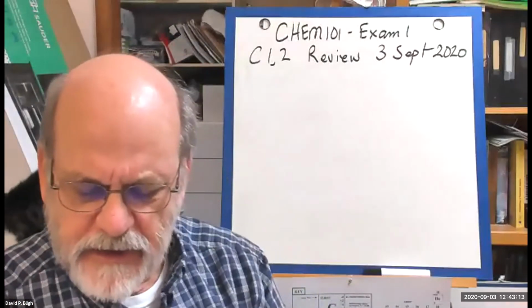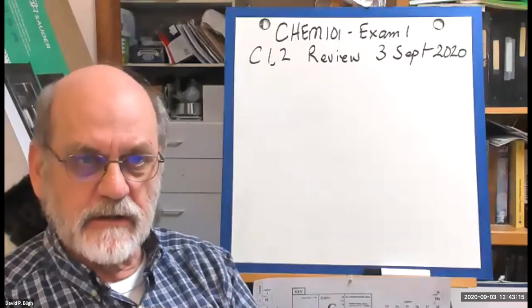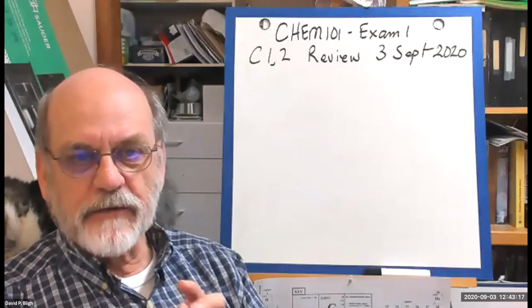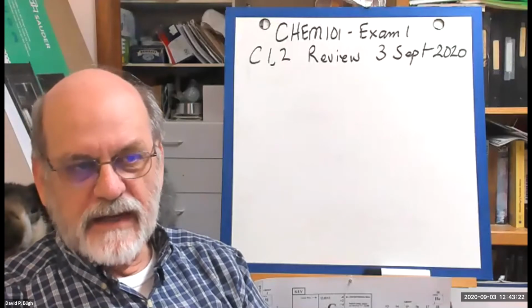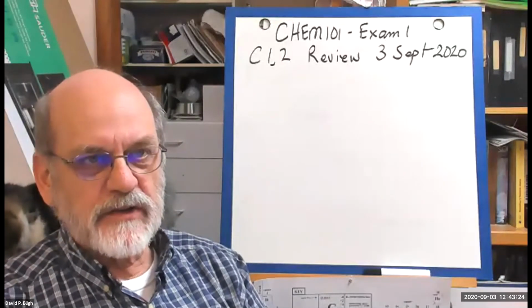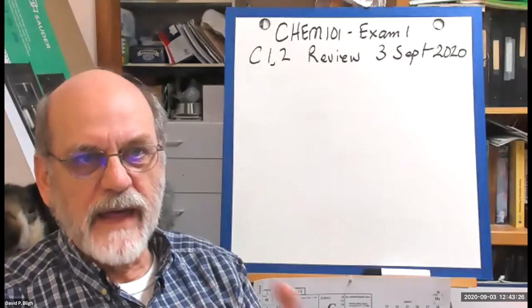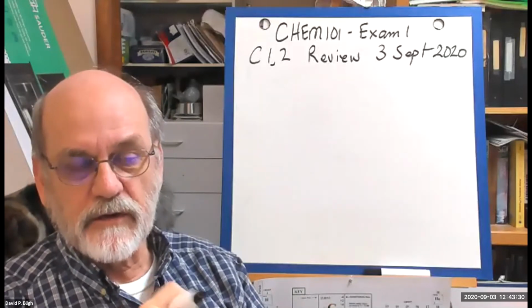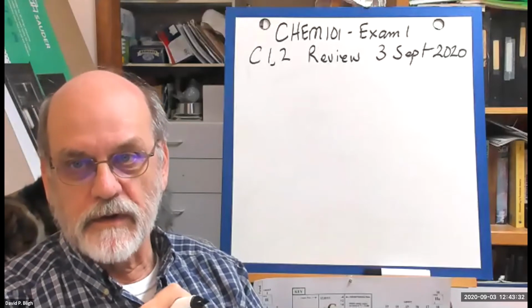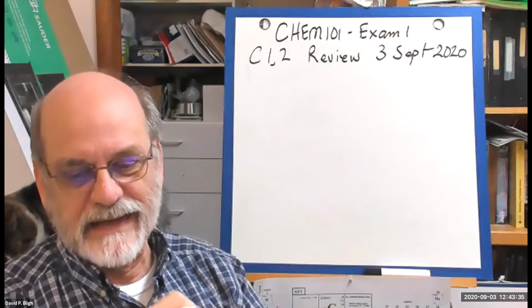Which of the following is an example of a quantitative observation? Understand the difference between quantitative and qualitative. Qualitative is an observation of a nebulous quality. Quantitative means there's usually a number associated with it. A measurement has been made.